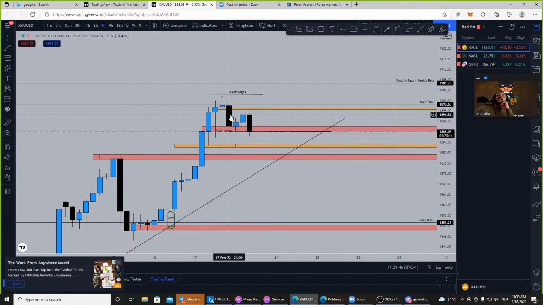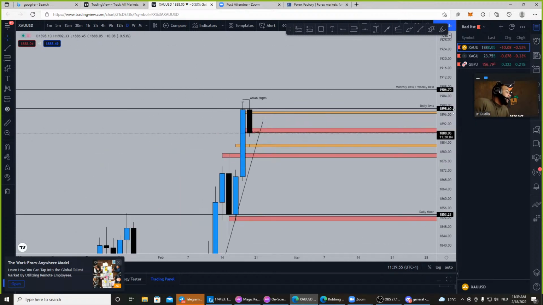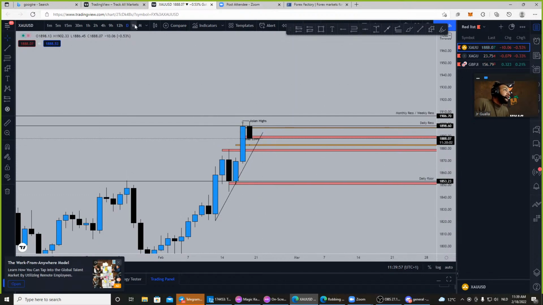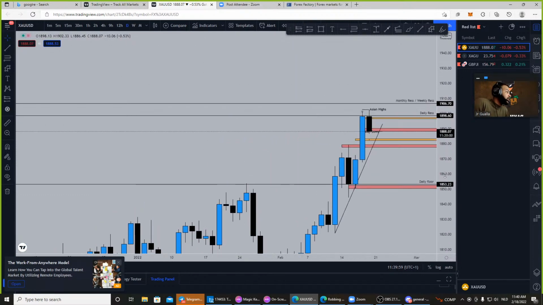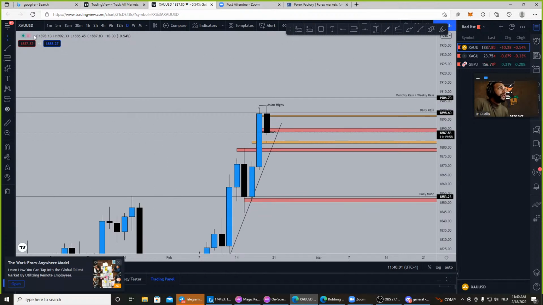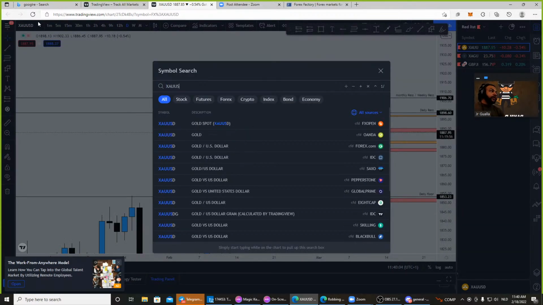I'm interested to see if daily closes bearish, how much of a retrace it did from the weekly high. Let's have a look. Yeah, if the daily closes bearish, let me go to Oanda real quick.